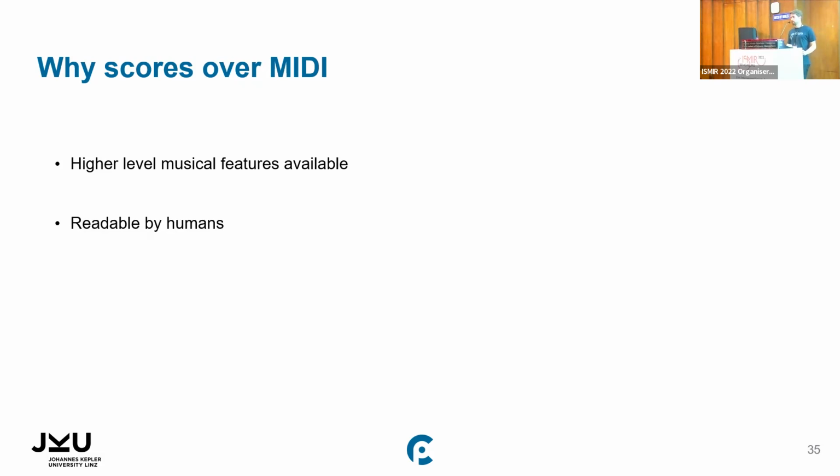However, the musical score contains higher-level musical information, like the metrical hierarchy, and maybe most importantly, it is readable by humans. So if you're doing a generation task and you want people to be able to read the pieces you generate, for example to play them, then you need to go through musical scores. Generating MIDI files is enough if you want to play them automatically on your computer, but not to have people play them.